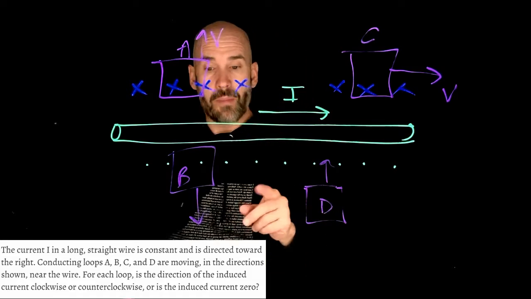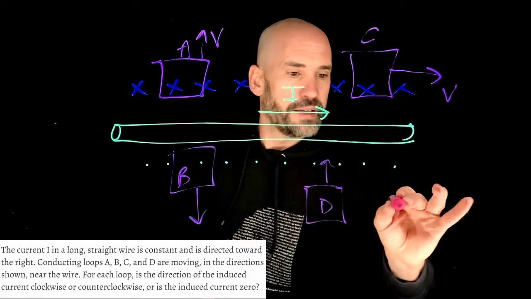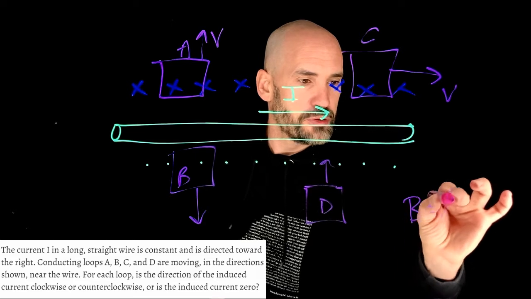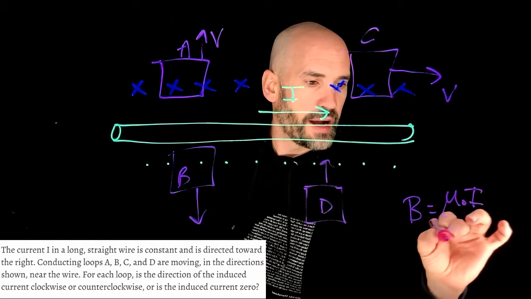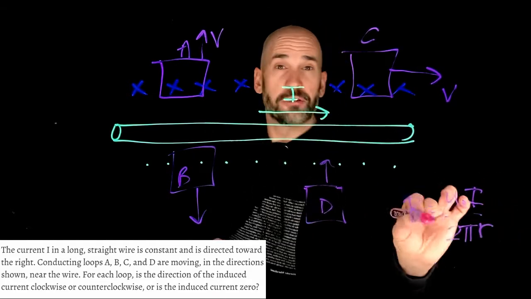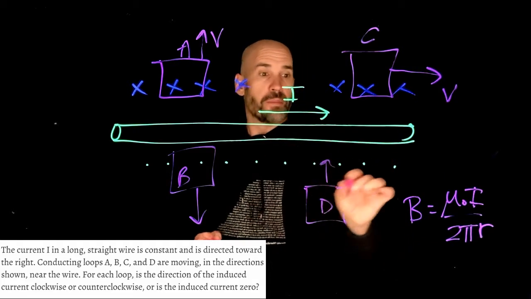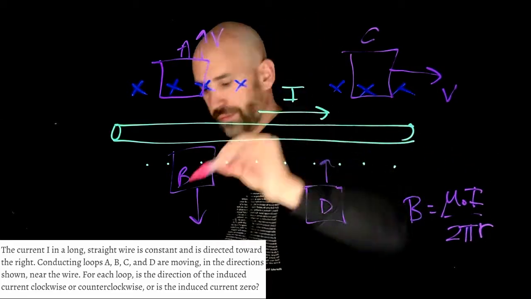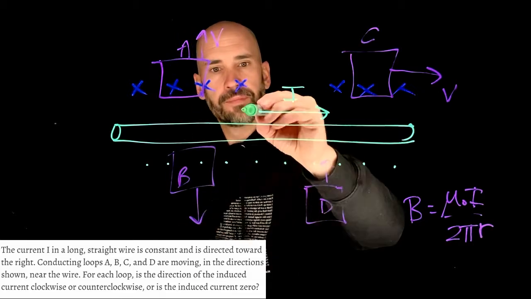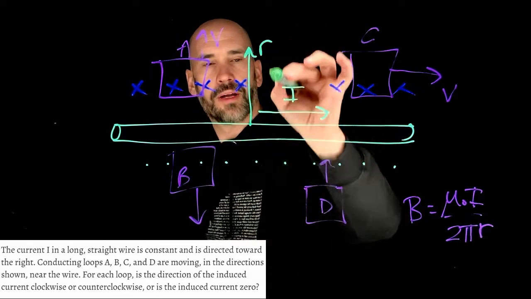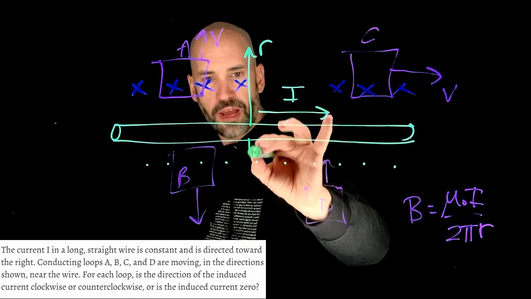Is the B field changing? Well, here's the thing. Remember that the formula is B equals mu 0 I over 2 pi r. That's the magnetic field due to a current carrying wire. So the bigger r gets, the farther away you are.